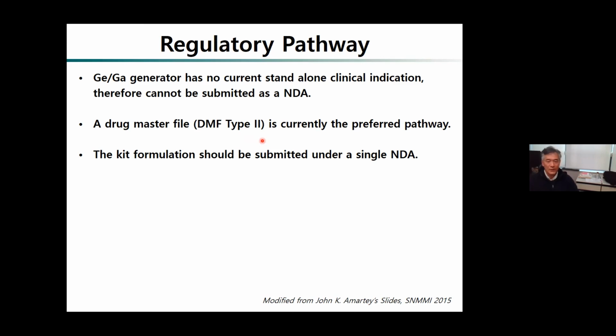If any other country, especially in Korea, or some company wants to get FDA approval of that gallium generator, our Korean FDA clearly shows that the generator, especially the gallium generator, doesn't have to get FDA approval. Just the DMF type 2 is enough for clinical trials.